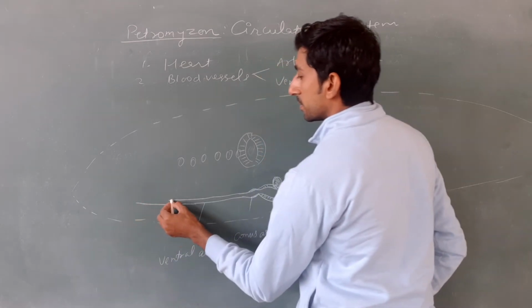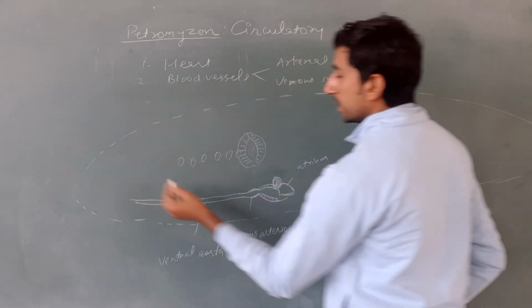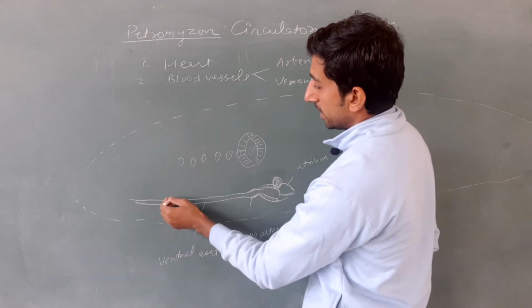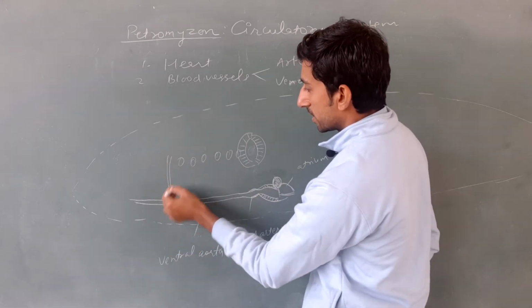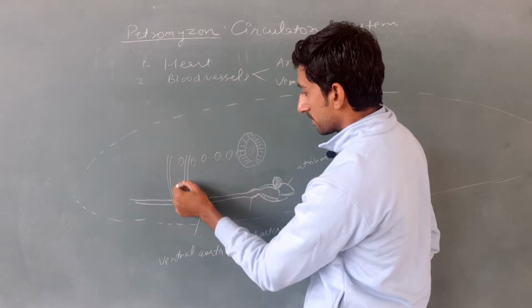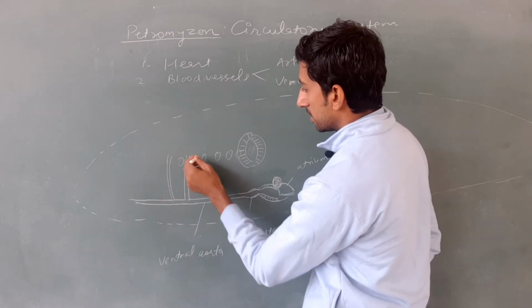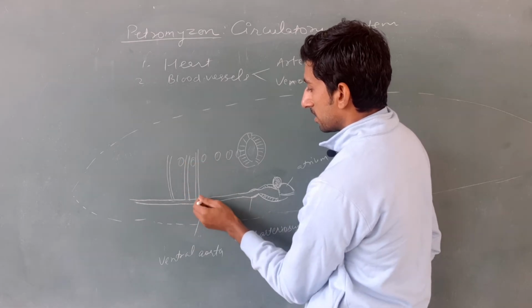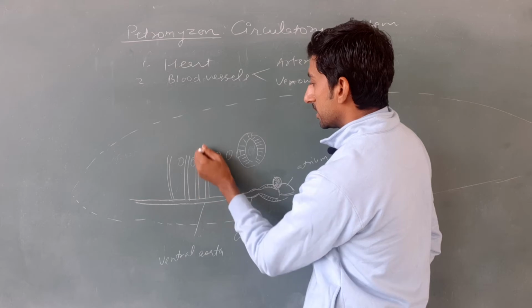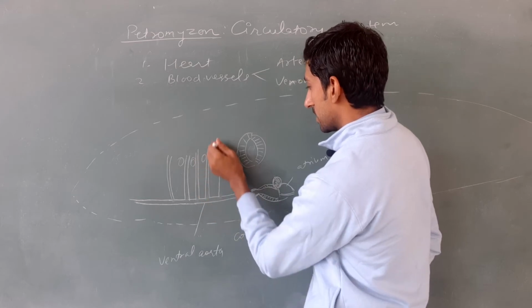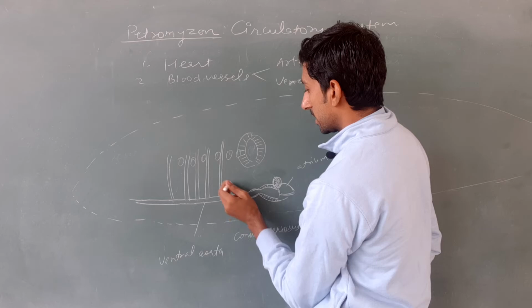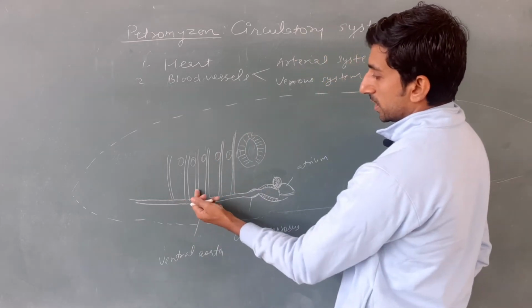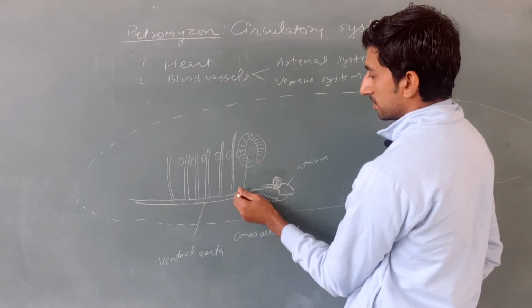This ventral aorta moves anteriorly, and in the branchial region near the pharynx, it gives rise to 7 pairs of branchial arteries. Branchial arteries supply the branchium or gill. These are 7 pairs, 7 left and 7 right, branchial arteries, numbered 1, 2, 3, 4, 5, 6 and 7.